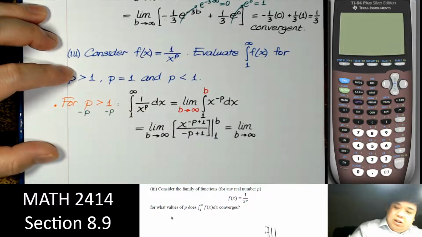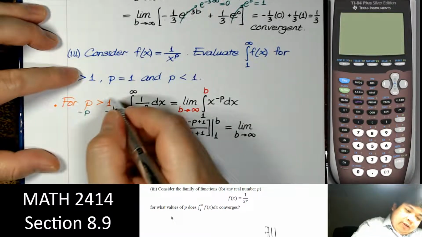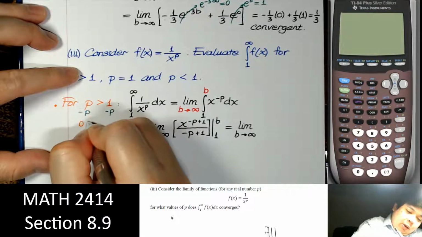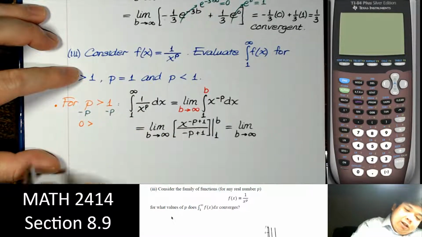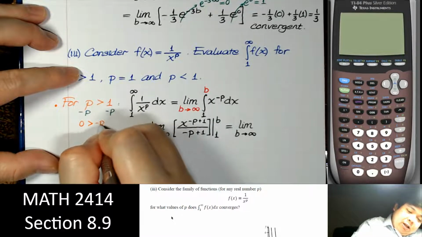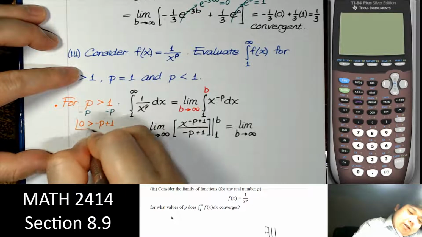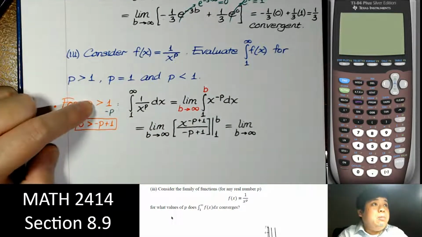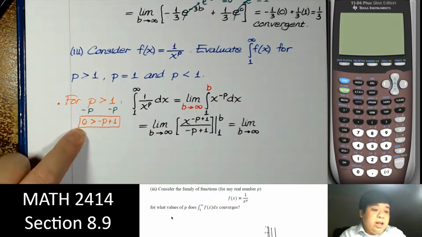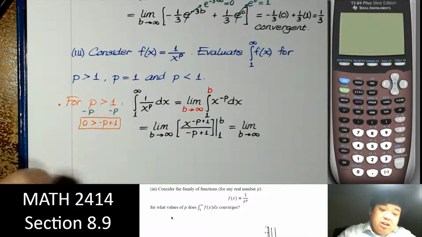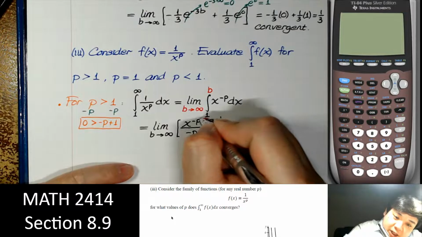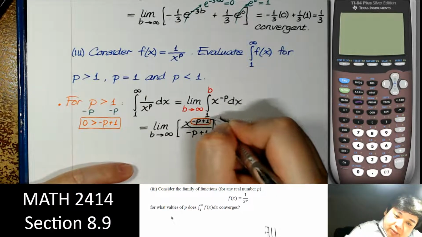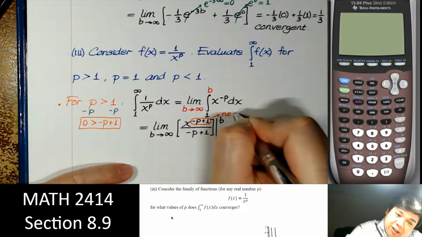From here, we will have 0 greater than minus p plus 1. So when p is bigger than 1, equivalently negative p plus 1 is negative. Meaning that this power here is a negative power.